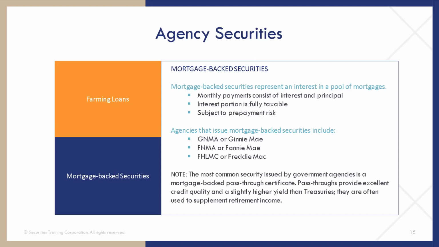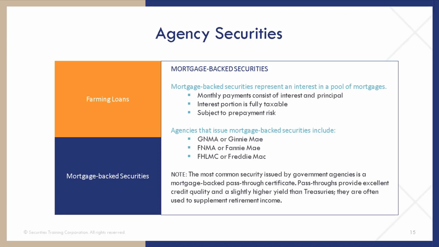They issue mortgage-backed securities, and a common type of mortgage-backed security is what's called a pass-through security. With mortgage-backed pass-through certificates, the government agency, or perhaps a bank, gets it guaranteed by the government agency. They pool mortgages together. So they buy up a lot of mortgages, or the bank or savings and loan might make the mortgages. These mortgages get pooled together. Then they sell interest in that mortgage pool.